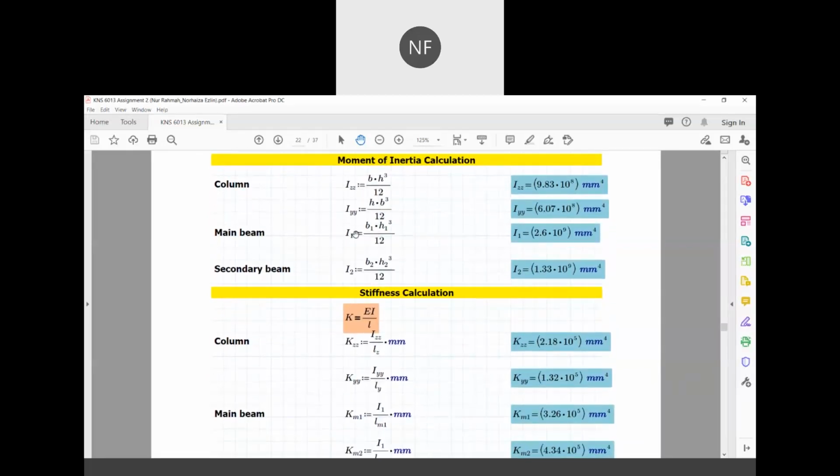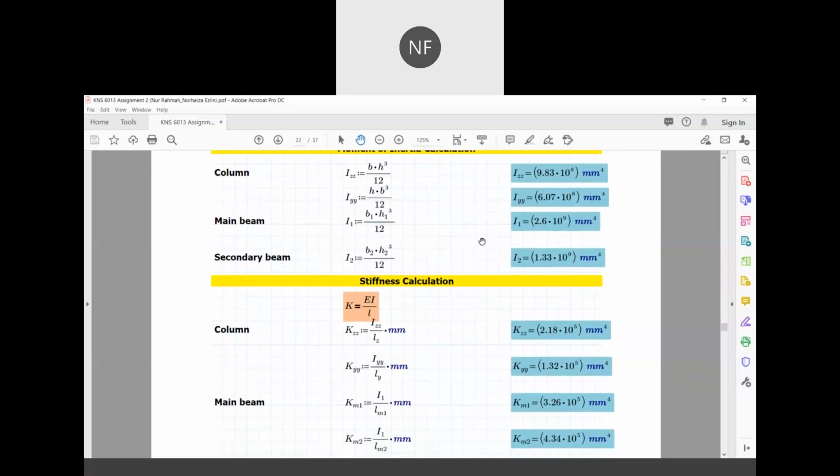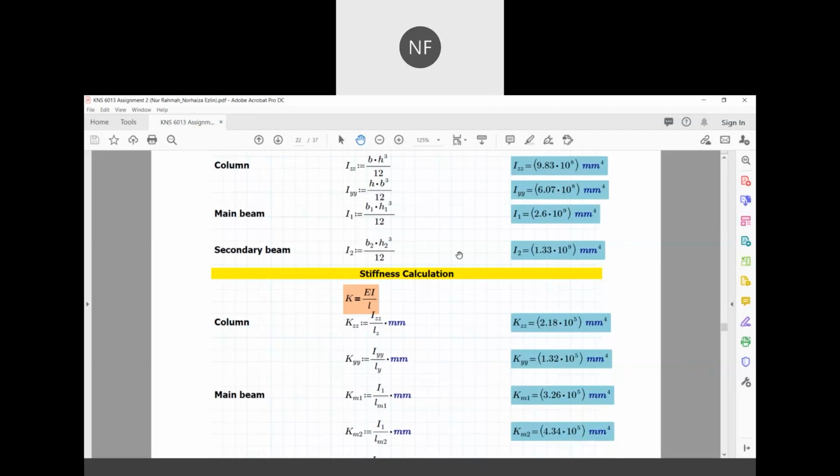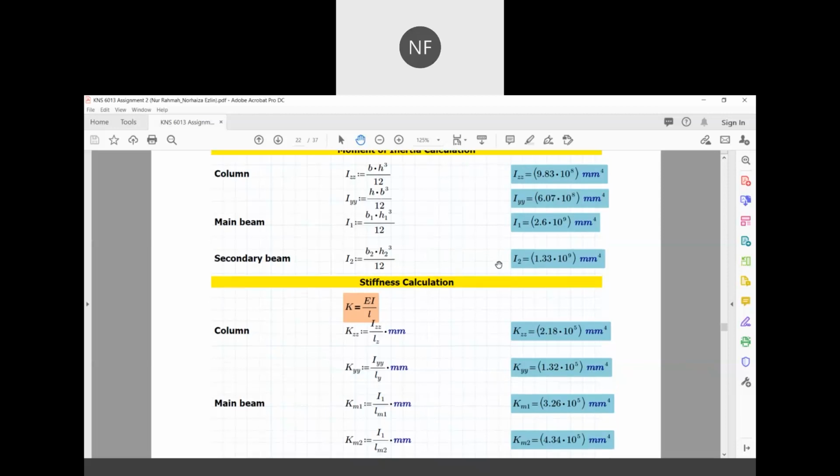Here is the moment of inertia calculation, whereas for the z-axis, the column is equal to 9.83 multiplied by 10 power 8 mm4, whereas the moment of inertia for the column at the y-axis is equal to 607 times 10 power 8 mm4.